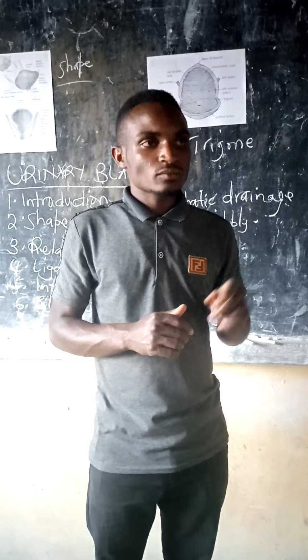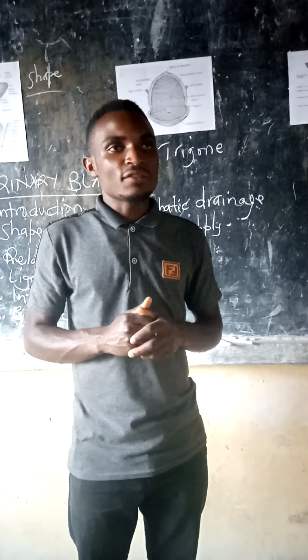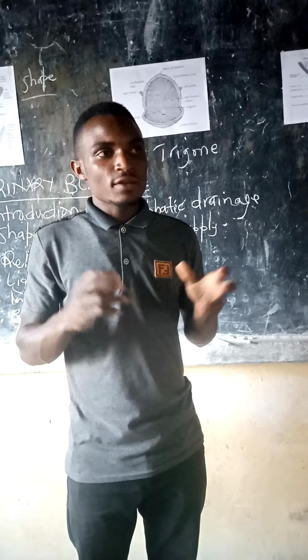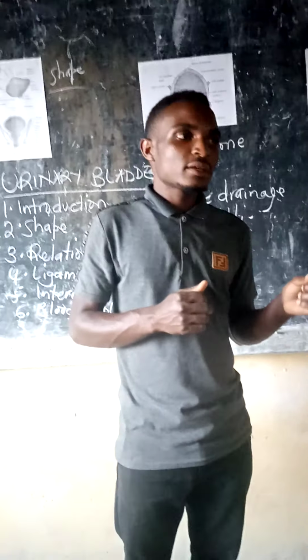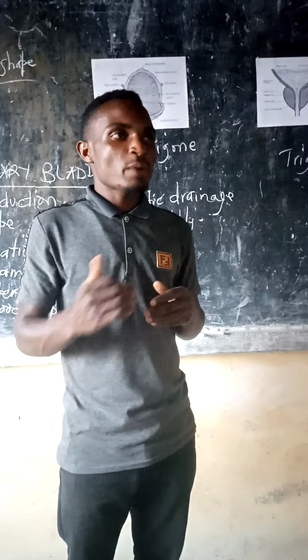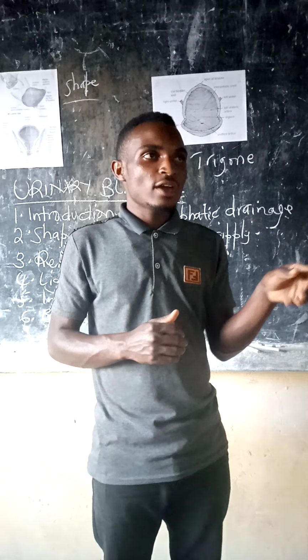Then I can talk about the nerve supply of the urinary bladder. The urinary bladder has two chains: the sympathetic supply and the parasympathetic supply. The sympathetic supply is mainly by the spinal nerves T11, T12, L1, and L2.